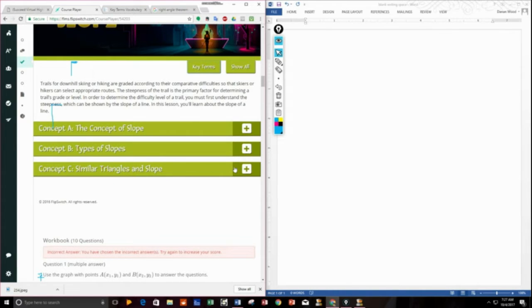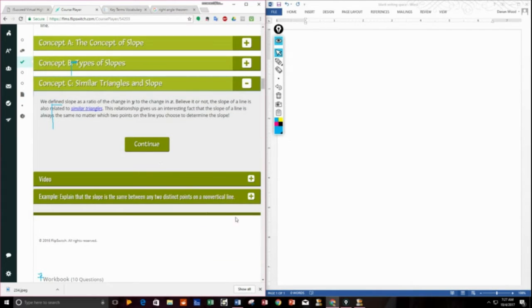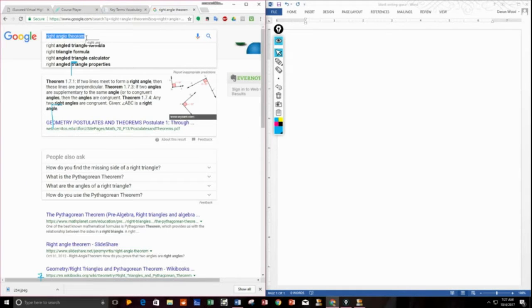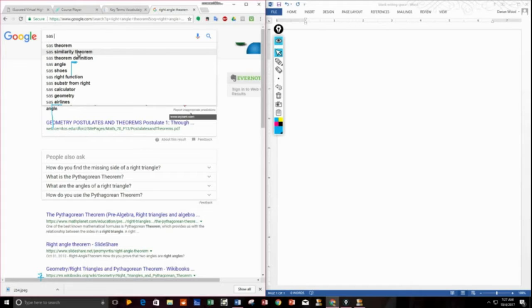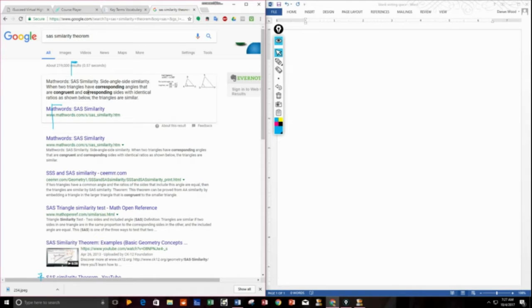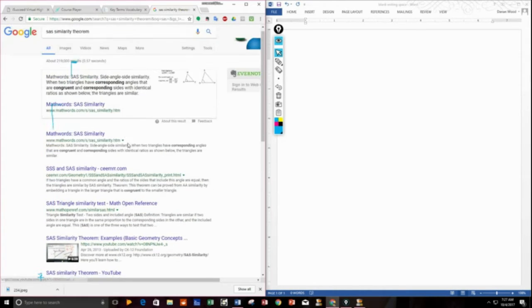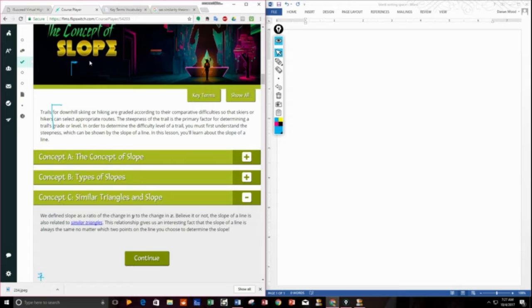So another option would be concept C, similar triangles and their slope, and you could go through that, or I find a quicker one is just go to Google and say side angle side similarity theorem, and it says that the side angle side similarity is when two triangles have corresponding angles that are congruent and corresponding sides with identical ratios. Okay, so that is that we have proportionality. So that's another way to use your tools.